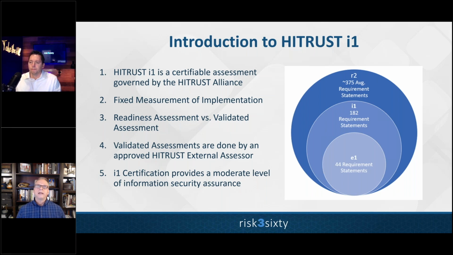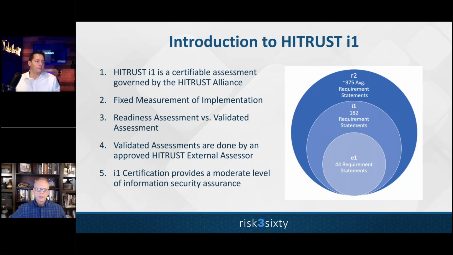Yes and no. It's focused on the implementation, but sometimes to measure the implementation, the HITRUST requirement statement will instruct you to look at your policy or your procedure document and ask whether you have executed your control according to how you wrote it. So there are a handful, and I'll call that out as we go through the presentation, of policies that are actually required, where they're not measured, but we measure against them, if that makes sense.